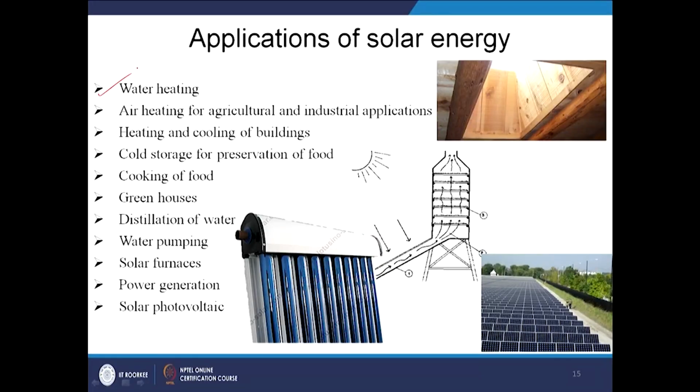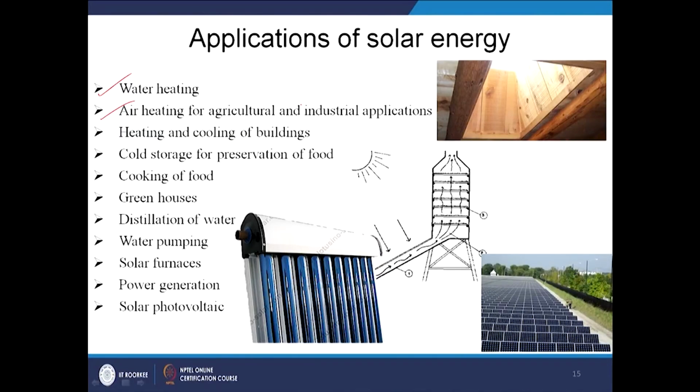Important applications are water heating and air heating for agriculture and industrial applications, like drying of crops or any feedstock for processing, or even waste sludge drying. These are some examples of the direct application of solar energy in industry and agriculture.